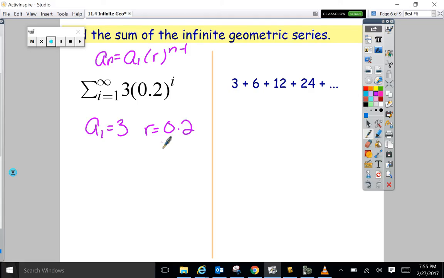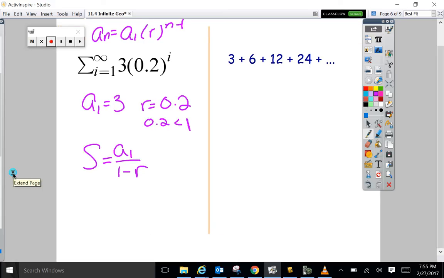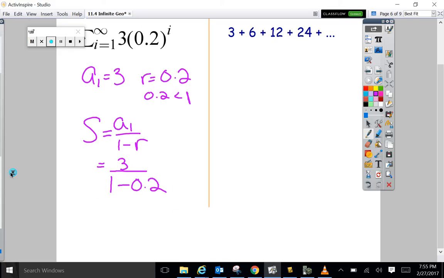0.2 is less than 1, so the sum exists, in which case you can use the sum formula, which is the sum of the infinite series is a sub 1 divided by 1 minus r. Plugging in 3 for a sub 1, plugging in 0.2 for r, looks like that.